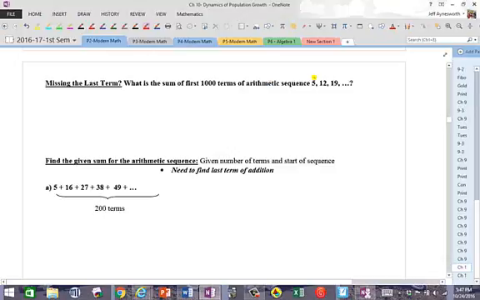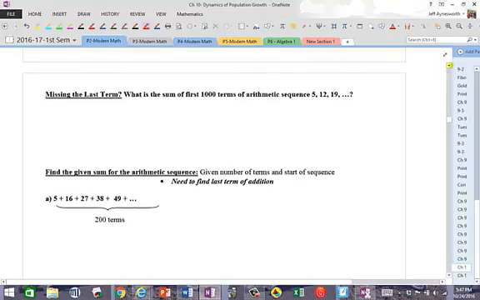So let's take a look at this and figure out what we need to know. The very first thing we need to do is write down the formula. So let's review. The sum of the first n terms is equal to the first term plus the last, times the number of terms, n, divided by 2, because remember how we double counted, so you always have to divide that by 2.